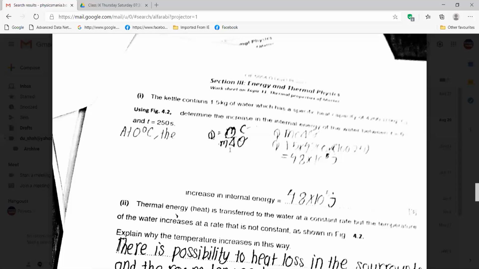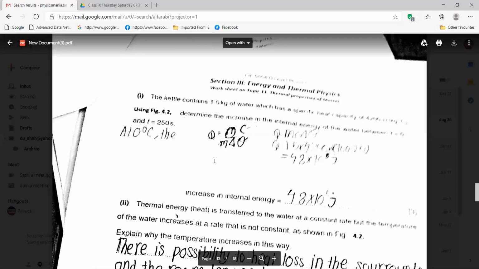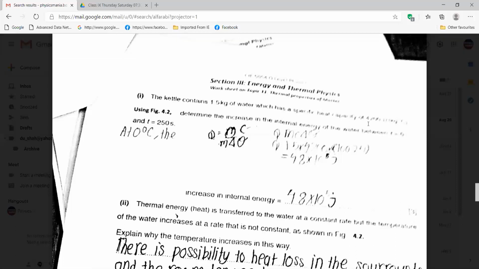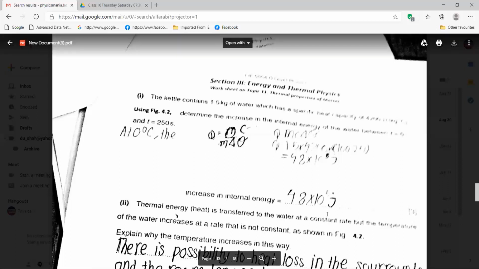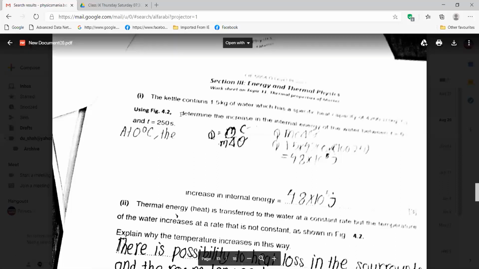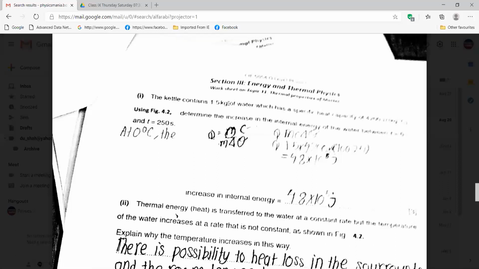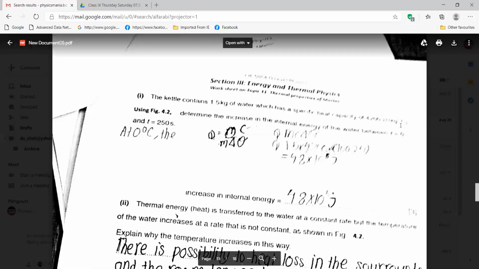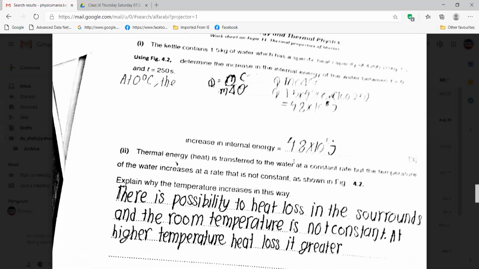Yes, sir. Okay, so we have here 4.8 into 10 to the power 5 joules. Look, the unit is given in joules, the answer is also coming in joules. The mass is given in kg, the specific heat capacity also. Are you seeing your worksheet? Yes, sir.